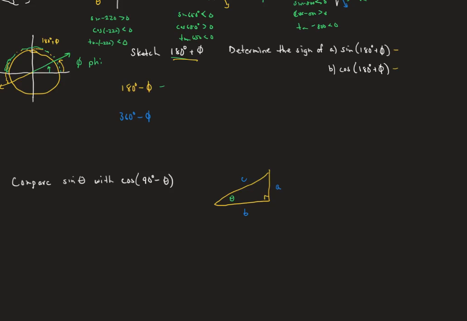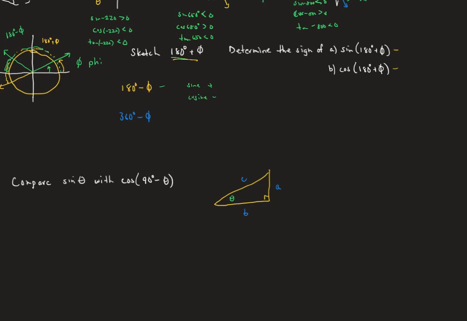That's a negative phi, which is going to put us right over here in quadrant 2. There's our 180 minus phi. The sine of that, because we're in quadrant 2, is going to be positive, and the cosine in quadrant 2 is going to be negative.